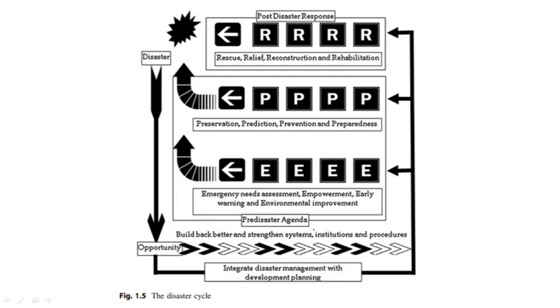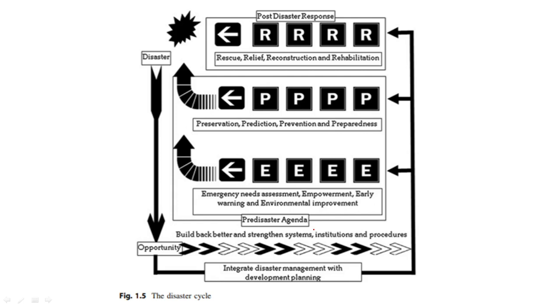Keeping the ecosystem very clean can also help in mitigating disaster, as well as designing buildings which are resilient to the disaster, for example, to wind load and earthquake load. So by providing this type of amenities or facilities, we can reduce the disasters. These are the pre-disaster agenda.